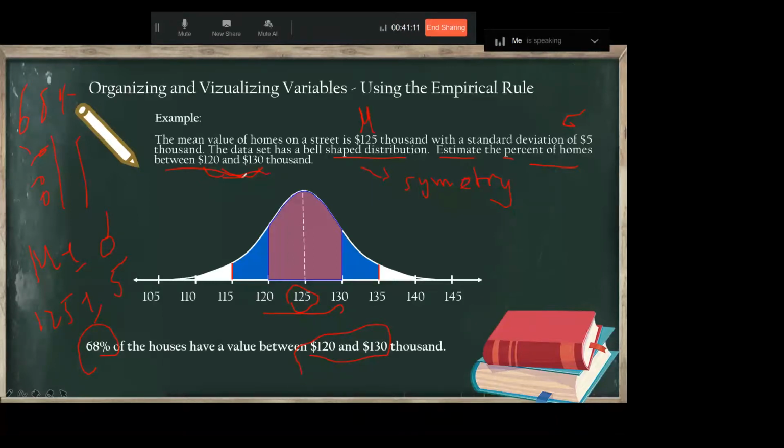That's how we interpret it. Understand? Easy. It's not that difficult. That's how we interpret it when it's given.